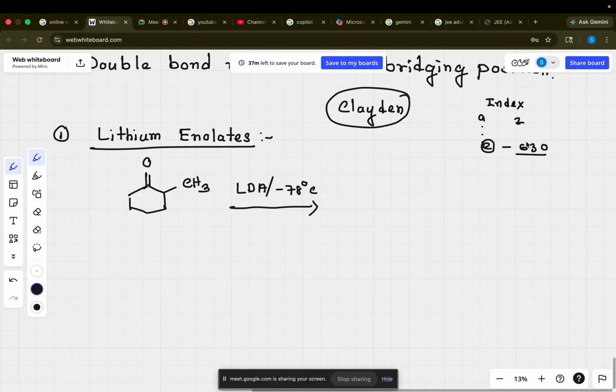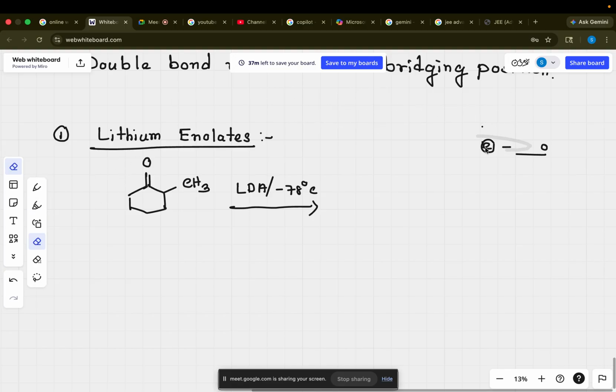It varies, so check the page number from there and go to the enolate topic. You will get a clear idea of how it is forming. Clayden is a very good book for organic chemistry, and they have explained it pretty well. If you are interested you can follow it, otherwise just follow the notes. What I have written here is taken from there only.